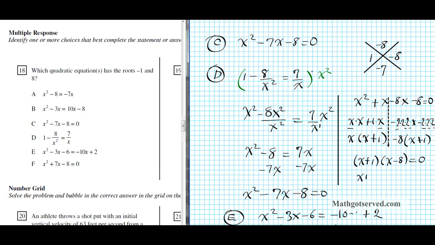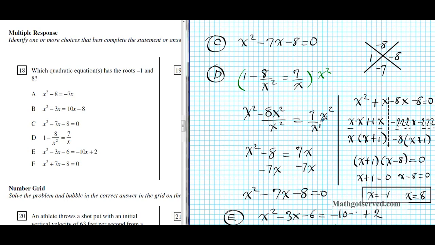And then to solve it, you set both of them to 0. The first one is x equals negative 1 if you subtract 1 from both sides. And the second one is x equals 8 if you add 8 to both sides. So we can see that option C matches the answer.